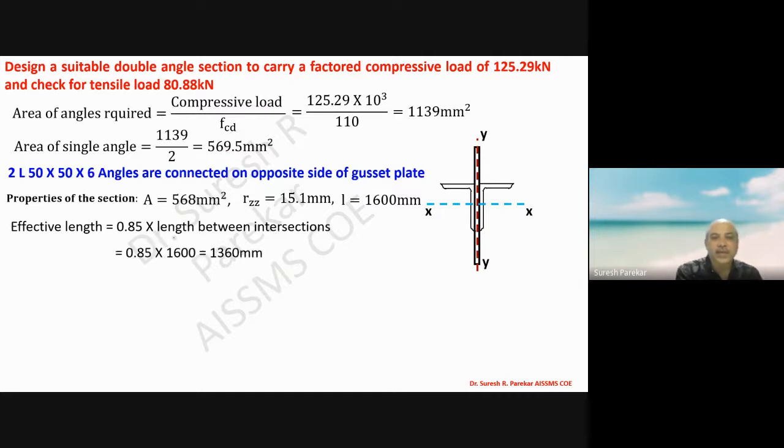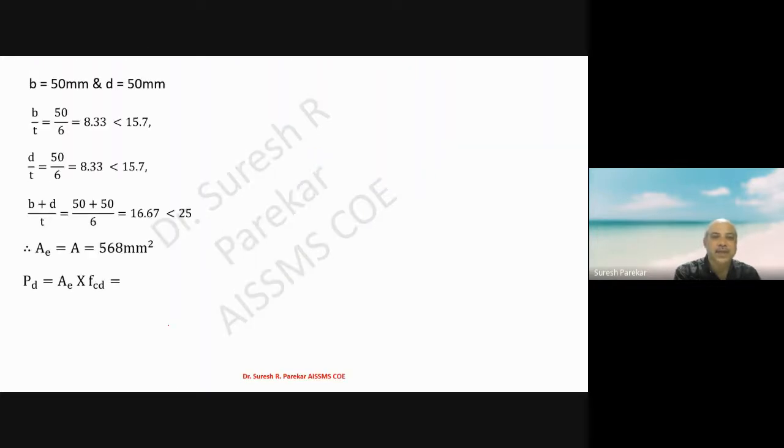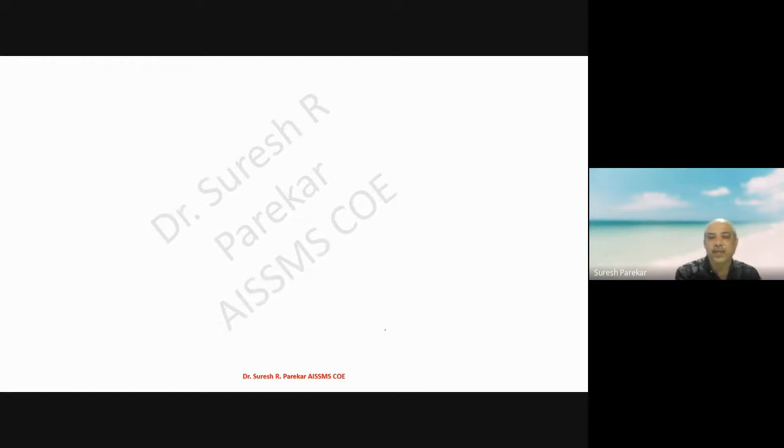Now we have effective length 1600 into 0.85, and again we consider the ZZ axis, with lambda 90.07, and from table 9C we have FCD as 120.99 MPa, and then we multiply this. The section is again semi compact, A equal to A, and from this PD we get 137.44 kilonewton, which is greater than our requirement of 125.29 kilonewton, therefore safe.